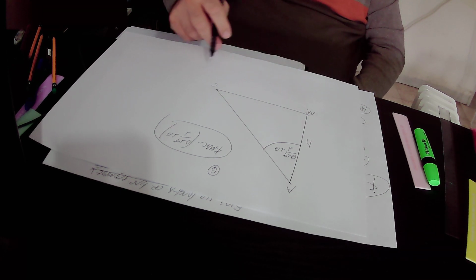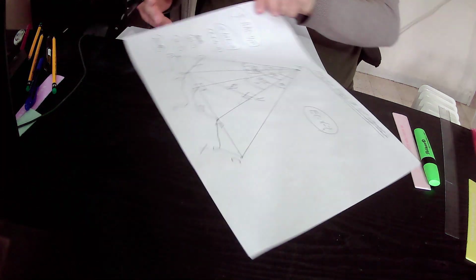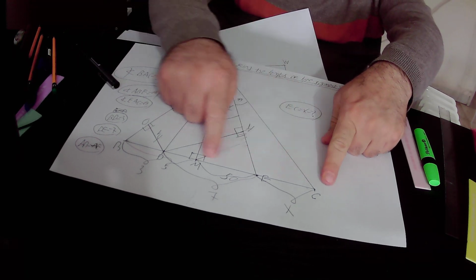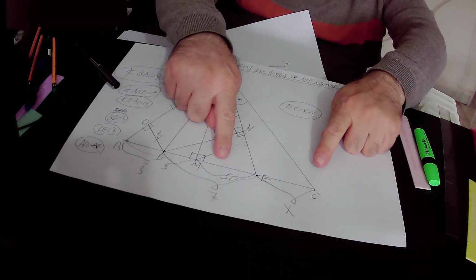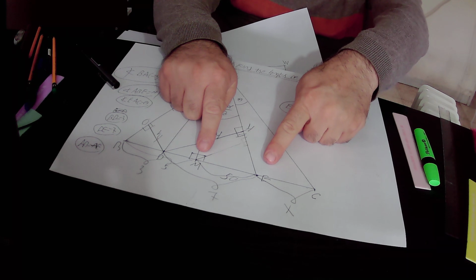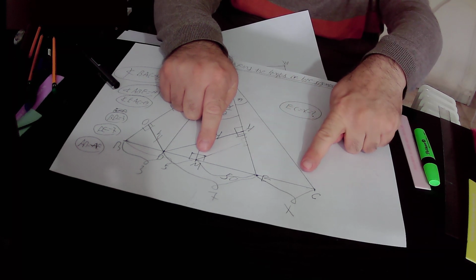What is the value of MC? It is very easy to see that the value of side MC equals the value of ME, which is 5, plus EC.